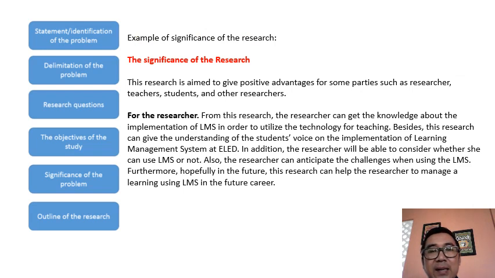Ini contoh ya, penulis mengatakan the research is aimed to give positive advantage for some parties such as researcher, teachers, students, and other researchers. Jadi di sini penulis menggambarkan bahwa kontribusi atau significance of the research ini akan memberikan kontribusi ya, benefits untuk beberapa pihak seperti researcher dia sendiri, kemudian teachers, students ya, kemudian other researchers.